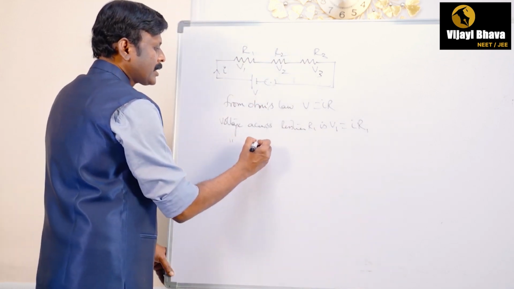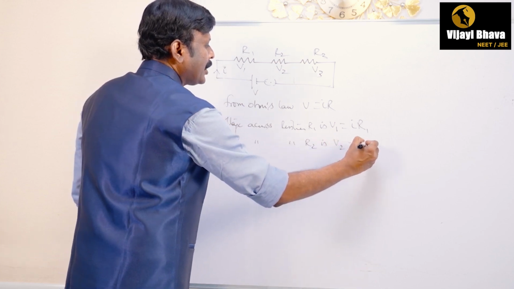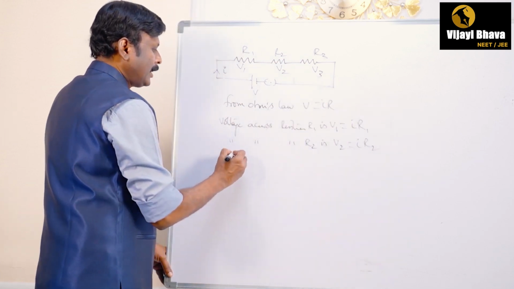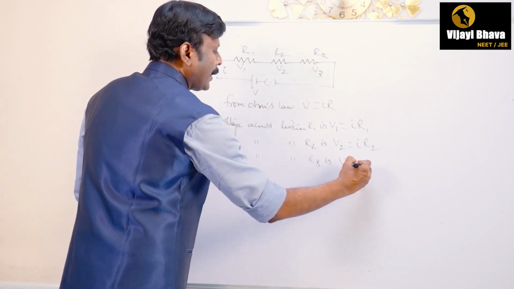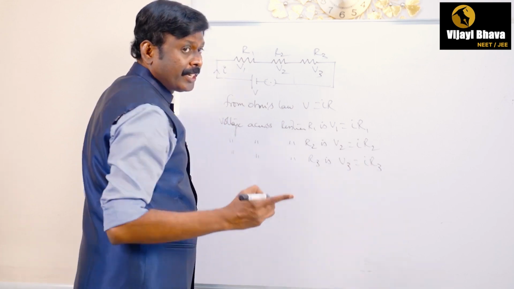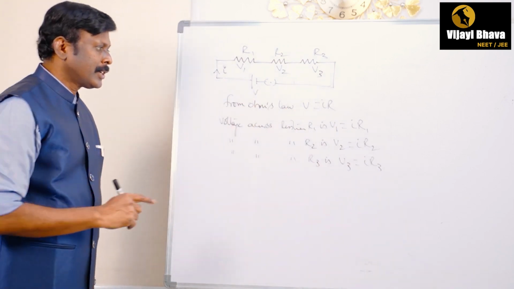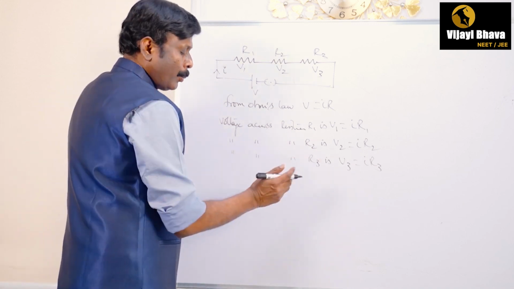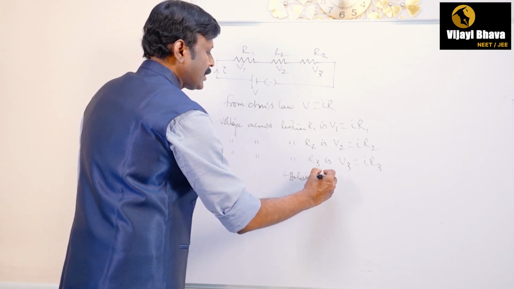Similarly, the voltage across the resistance R2 is V2 and it is IR2. And the voltage across the resistance R3 is V3 and it is IR3. We did not use I1, I2, I3 because the current I remains constant in series combination. Moving further, let us find out the effective voltage here.